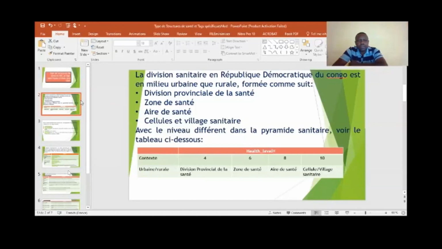So he's now describing the specific data model that was developed by the community in the Democratic Republic of the Congo to cover the different levels of information of the health sector and health administration. And so it includes the different health administration offices.